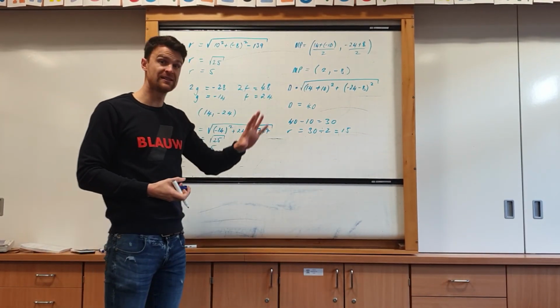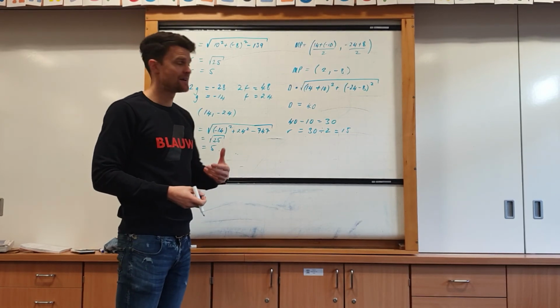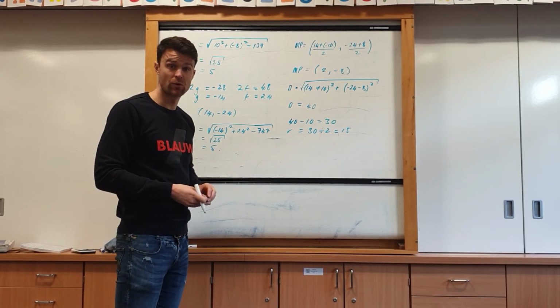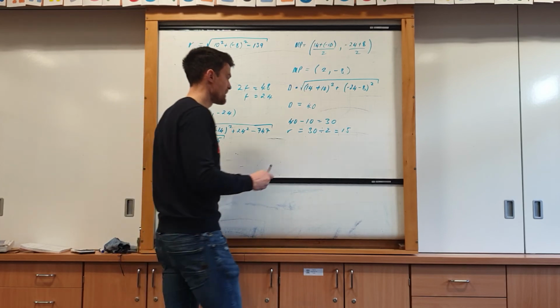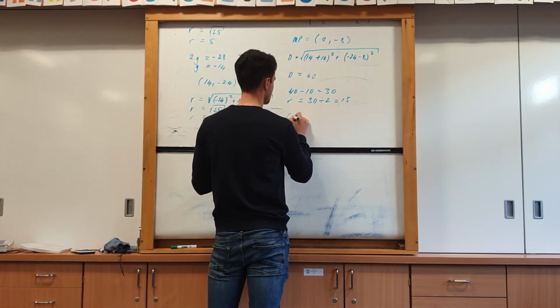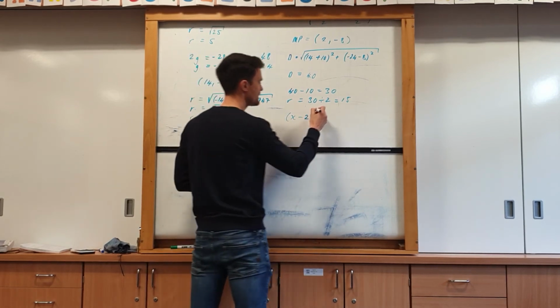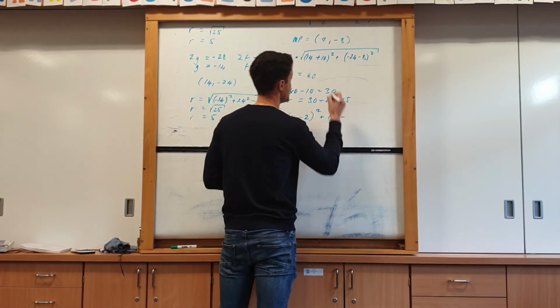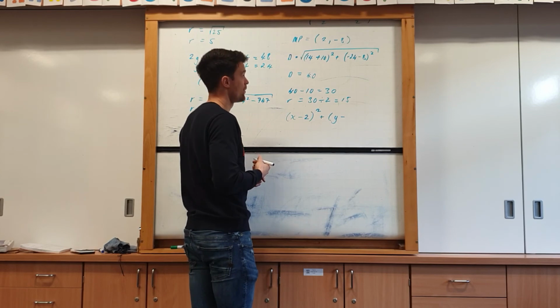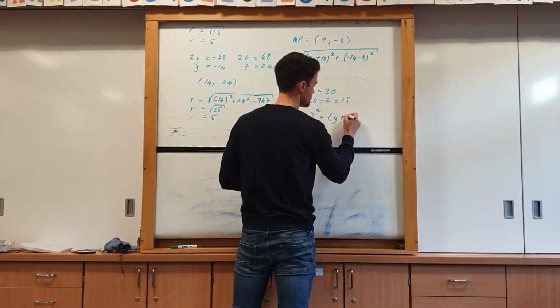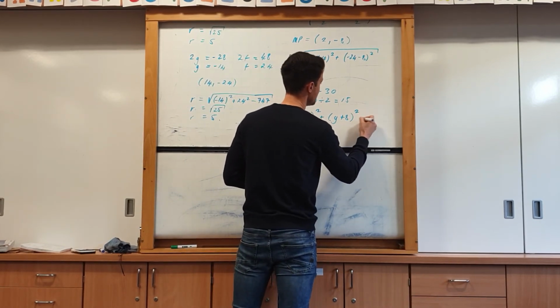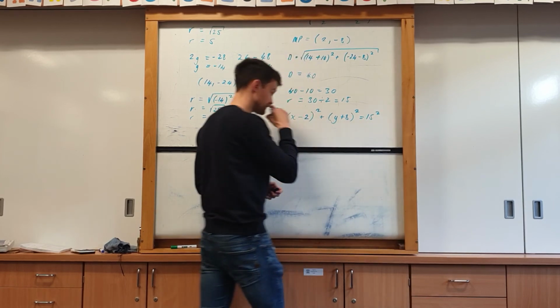I can plug into the basic format of the equation of a circle and get the equation. So remember, how does that work? Well, it's x minus the x coordinate of the centre, all squared, add on y minus the y coordinate of the centre, so take away negative 8, it's going to become add 8, equals 15 squared.